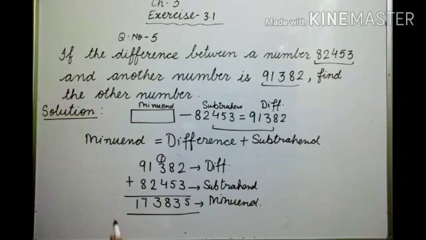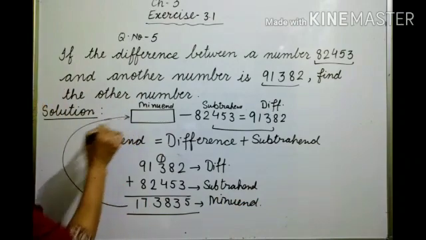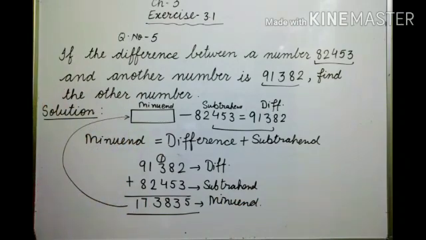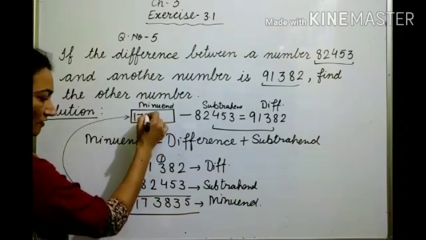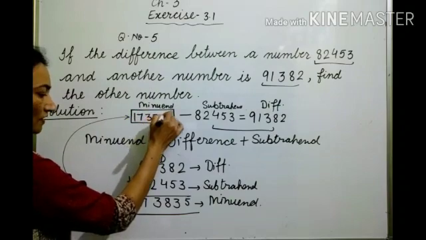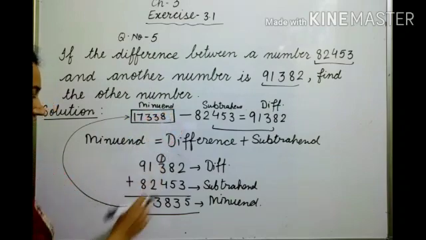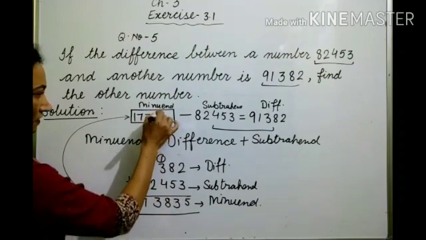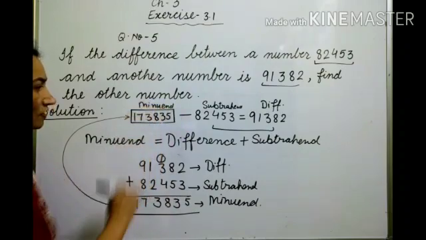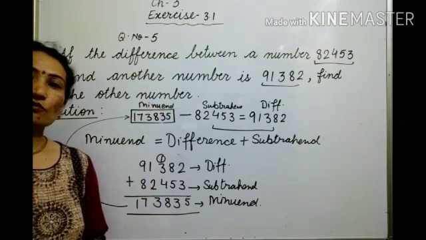In this way, we find our missing number. Clear? That we can write also here 1,73,835. That is our required number which we have to find.